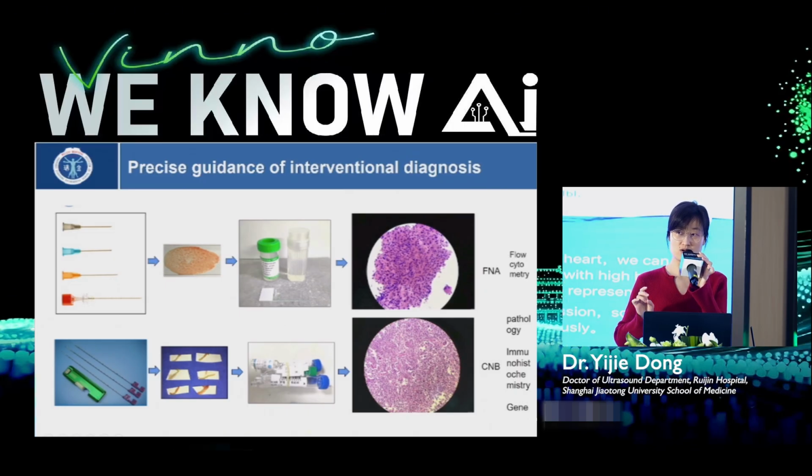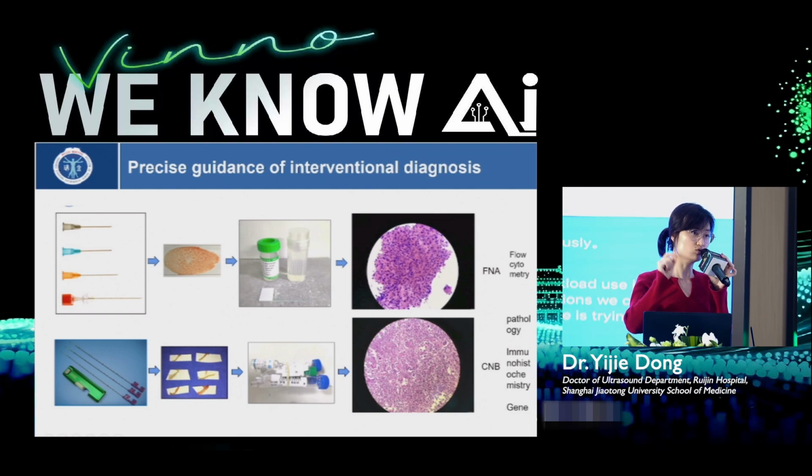I can do every part, no matter where it is. The second line is core needle biopsy. Core needle biopsy is a little bit more dangerous, but it is still very safe. As long as ultrasound can get the images, I can do this.